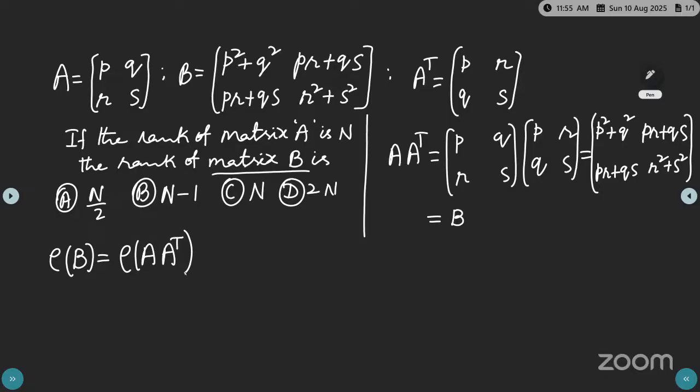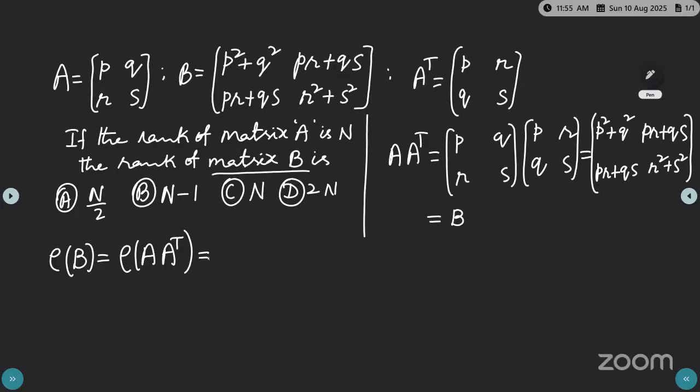Rank of AB is at most the minimum of the ranks.